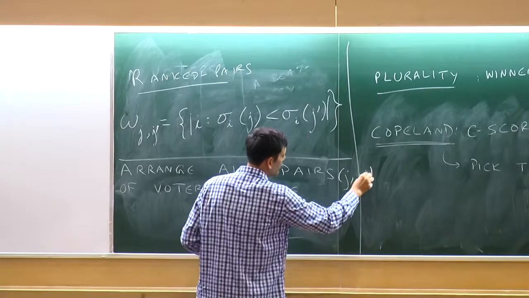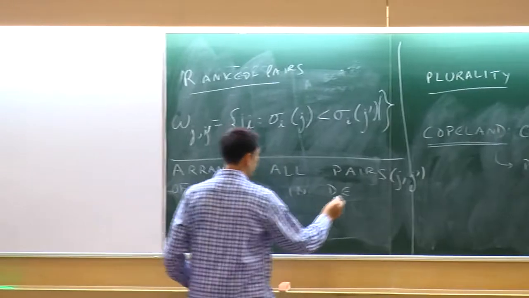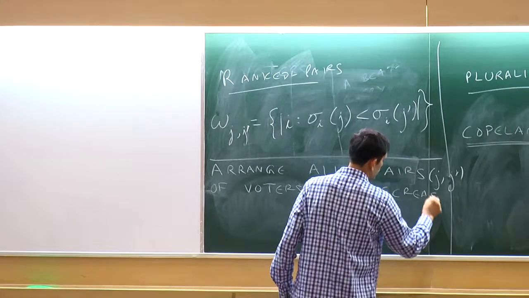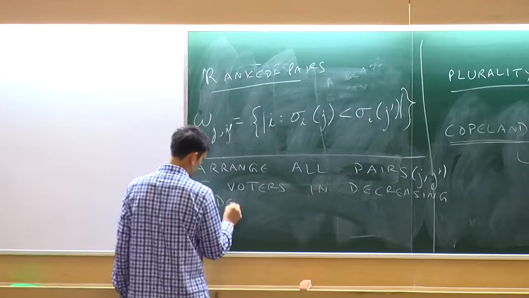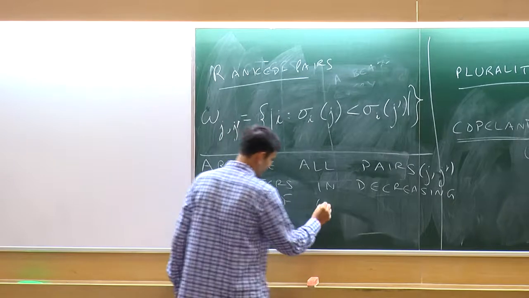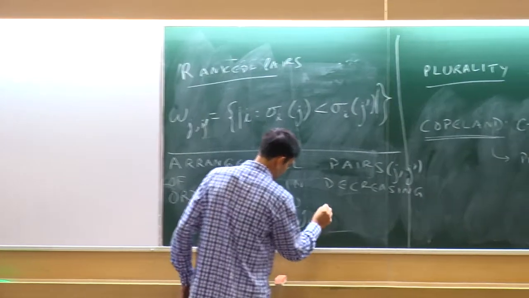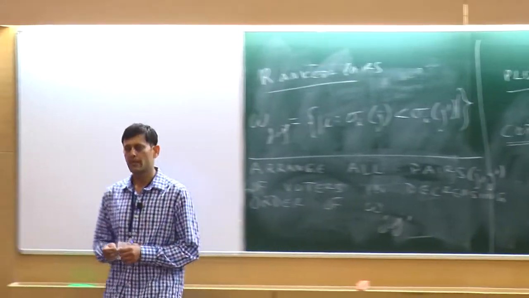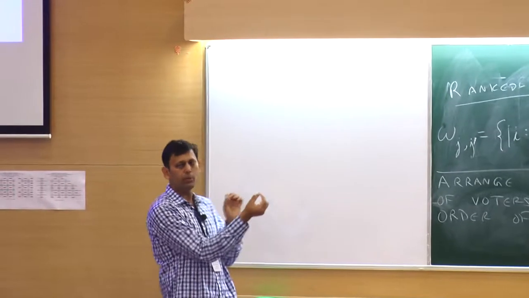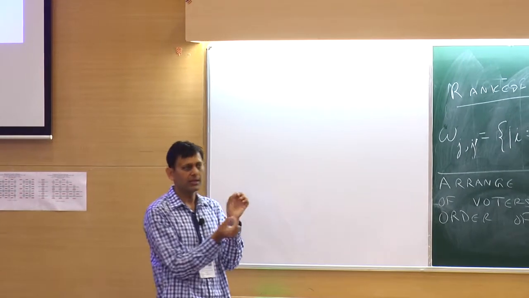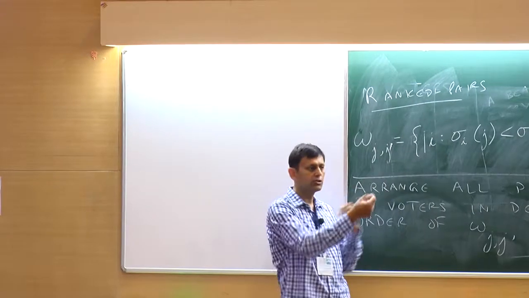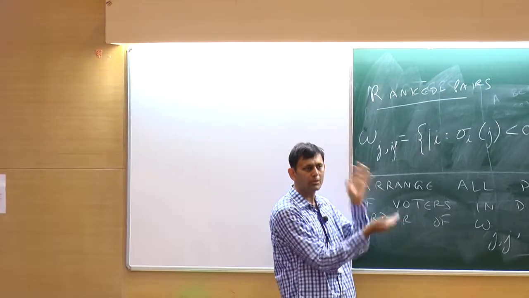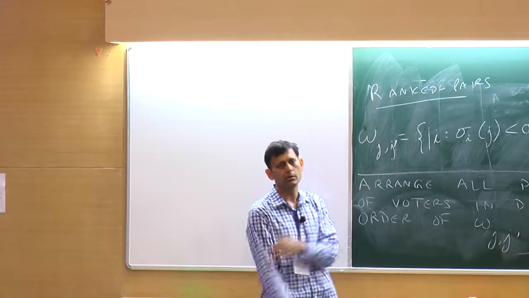It's not a set, it's the ordered pair j comma j prime. So you basically take all possible edges in this directed graph, where you draw an edge from j to j prime if j beats j prime, and you arrange them in decreasing order of W.